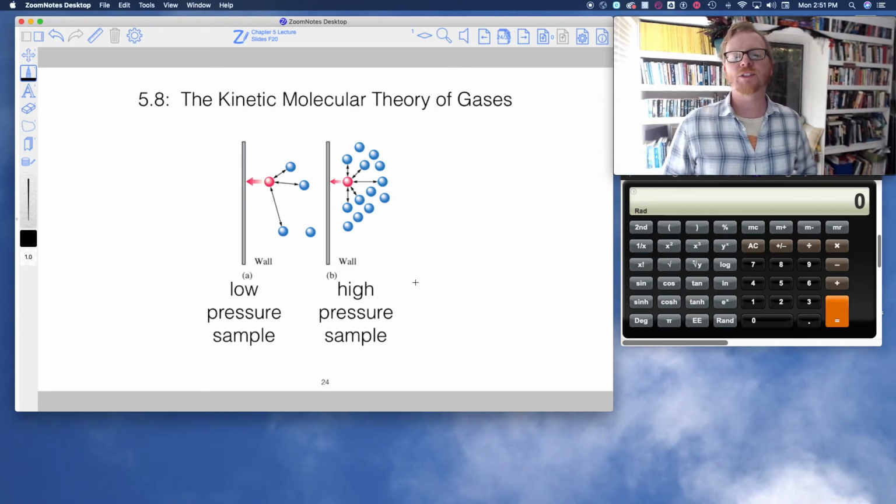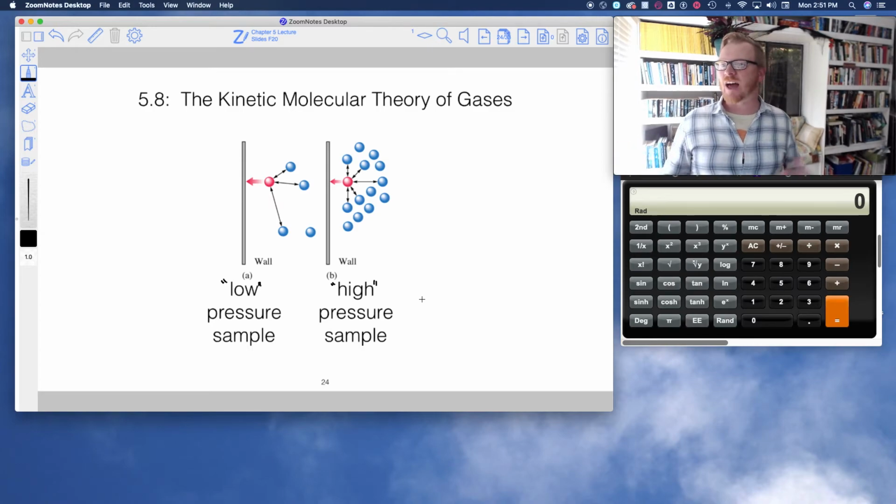And so when we start to think about all these kinetic molecular theory things I talked about, like the molecules not having any volume or the molecules not having any interaction with each other, then as it turns out, this, and I'm going to put it in quotes, low and high, because we don't really have a baseline for what that means yet. Small or big. Well, what's in the middle, right? What number is in the middle, okay?